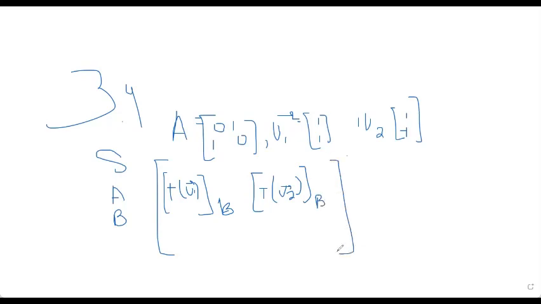Okay, so I think the easiest thing to do is to apply the transformations first. So if we do T of V1, we end up with [0, 1; 1, 0] times (1, 1) becomes (1, 1).